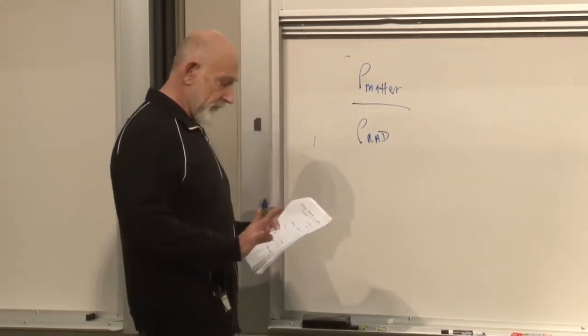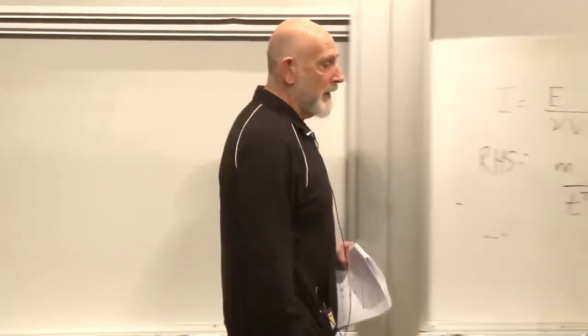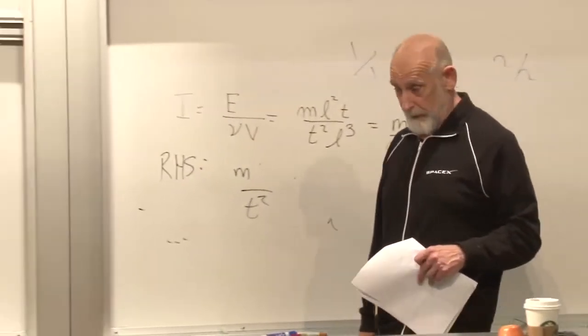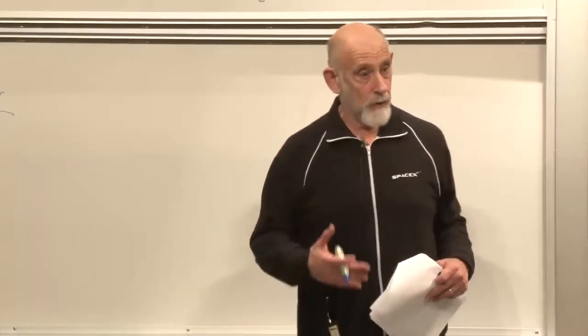Okay, that's today. How do you do it? Well, first of all, from the black body spectrum, you know how much energy density is present in the form of photons.